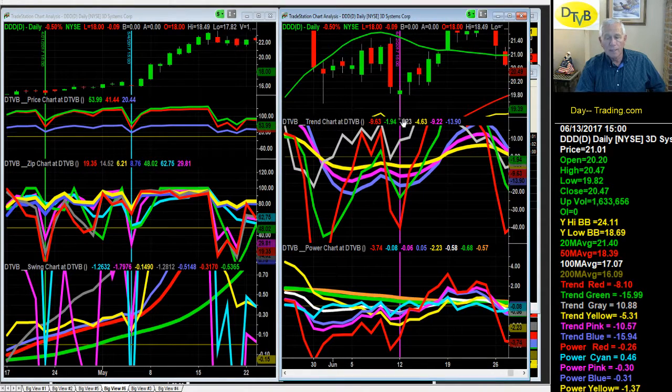And in fact, it gapped down a little and made a green candle on the pink vertical line day, but the trend red line did not go up. And instead, the trend green crossed underneath the blue.